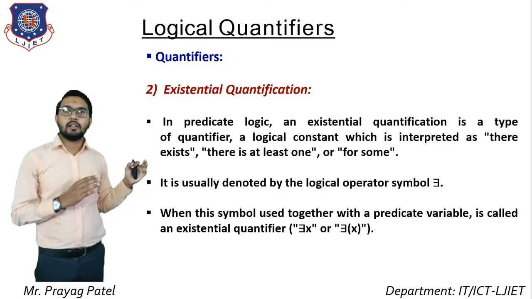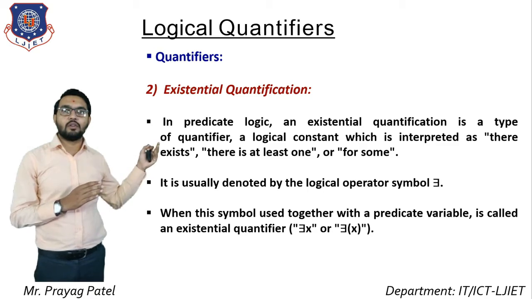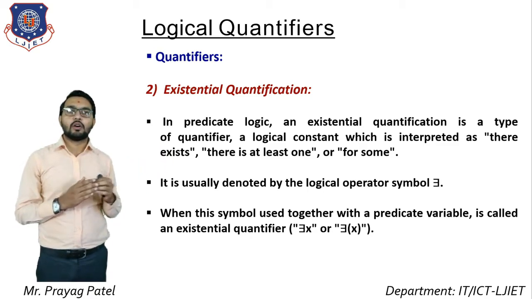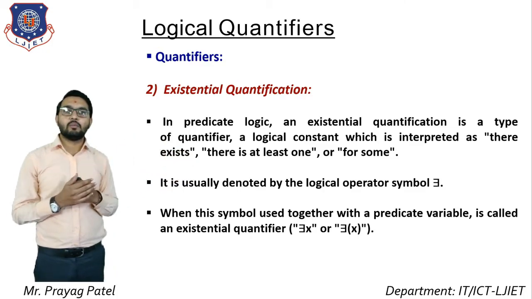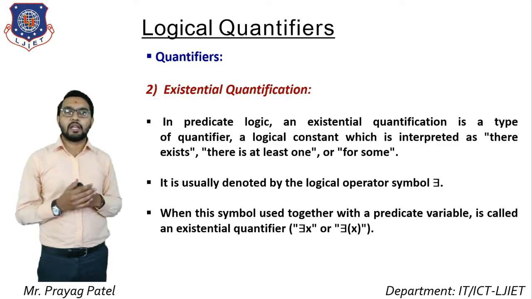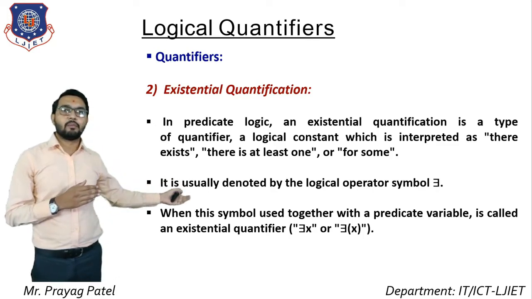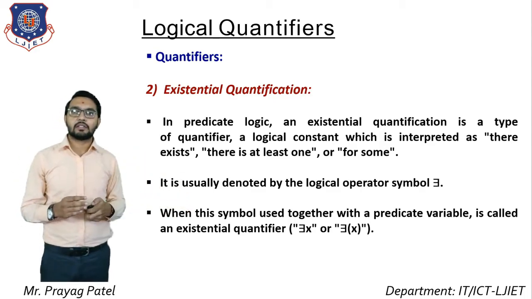So we can use this type of quantifier for some value or there exists. It is usually denoted by the existential quantifier symbol. When this symbol is used together with a predicate variable, it is called the existential quantifier. For example, for some x, for some y, like this.